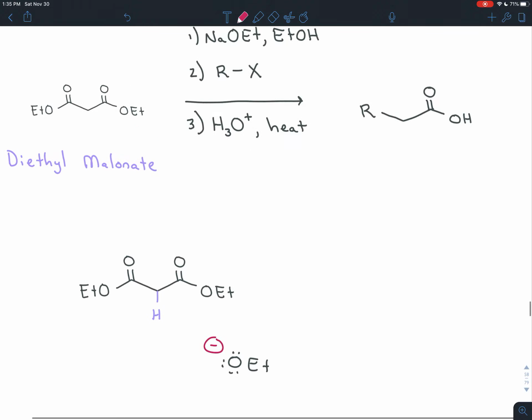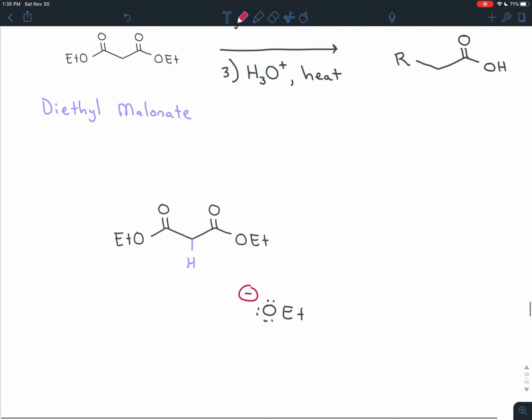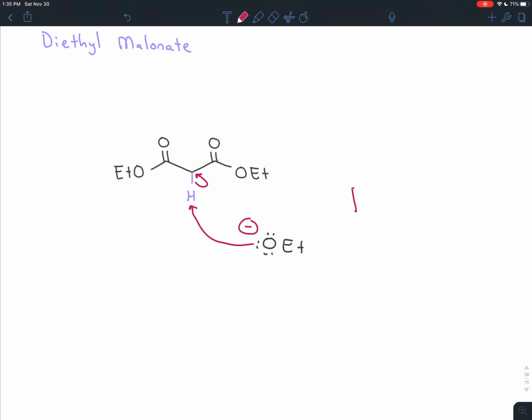You want it to be an ethyl group to match the diethyl groups in diethyl malonate. So that side reaction, that nucleophilic acyl substitution, doesn't change anything. So if that side reaction doesn't matter, what does matter is this is a base and can steal this very vulnerable alpha hydrogen. The electrons can snap back onto the alpha carbon. And so we do a proton transfer.